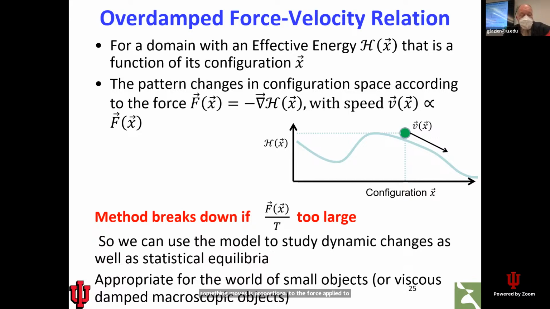Now, as a physicist, you learned Newton's law that the acceleration of an object is proportional to the force. But at the scale of individual cells or boundaries of cells, we're in what's called an overdamped regime. Friction and viscosity are very, very large. And so at the cellular level, there's no inertia.